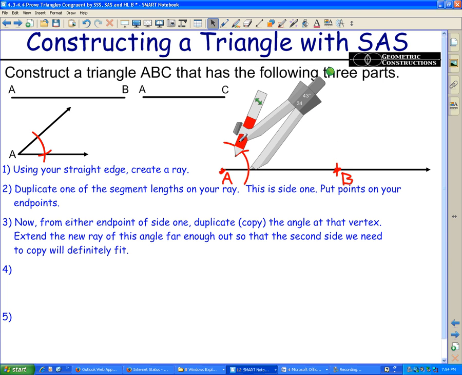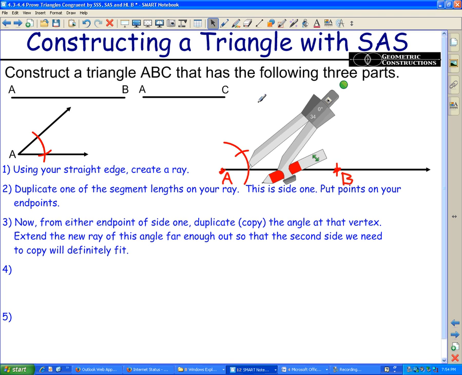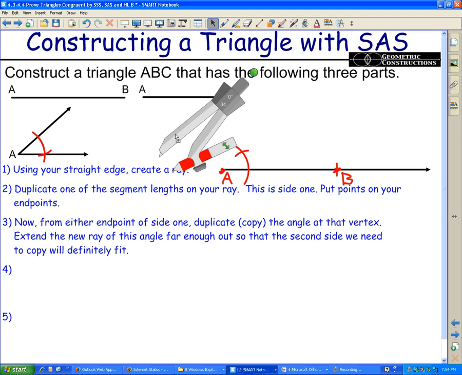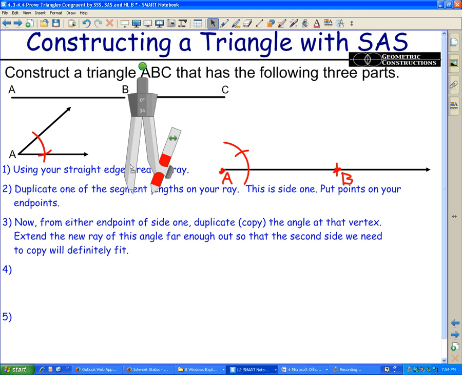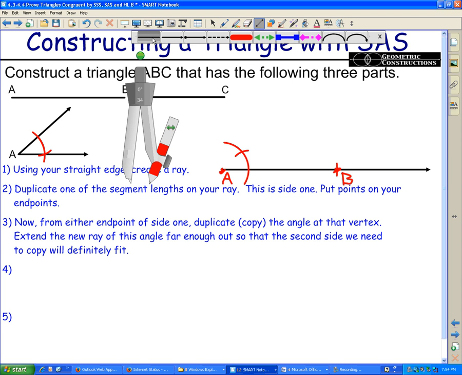Okay? And that is the construction of duplicating an angle. So the entire construction that we did earlier on in the semester where you duplicate an angle, this is what it was. I'm going to go ahead and draw a ray from my endpoint A through that intersection point, and that angle is copied.